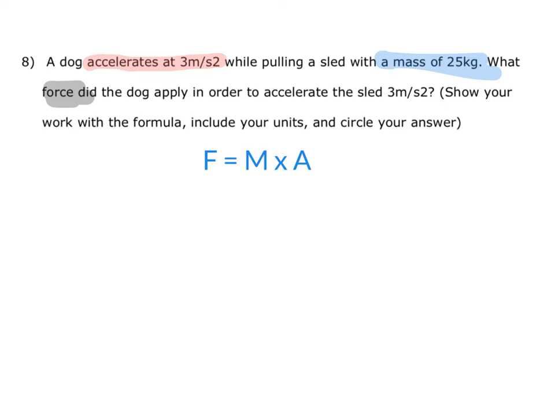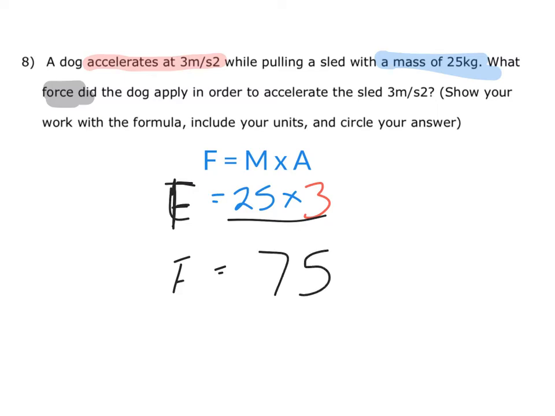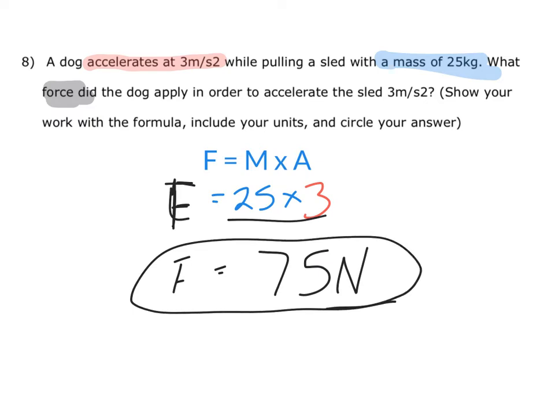That is an acceleration, so I'm going to put that under the A. And a mass of 25 kilograms is mass, so it goes under the M. It wants to know what is the force. Okay, so 25 times 3 is 75. Now 75 what? 75 newtons, because the unit for force is newtons.